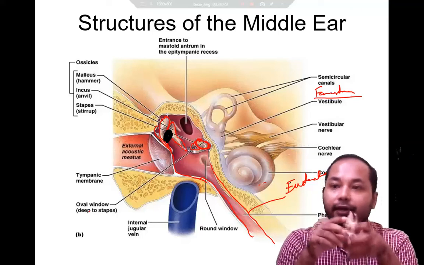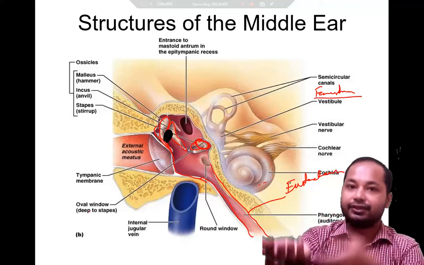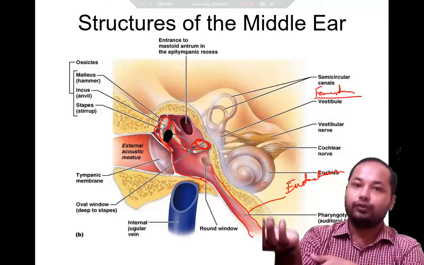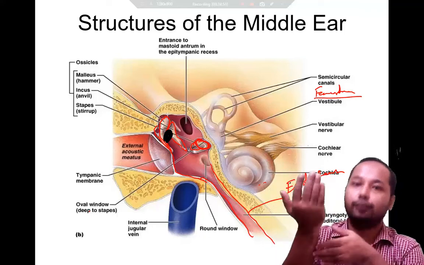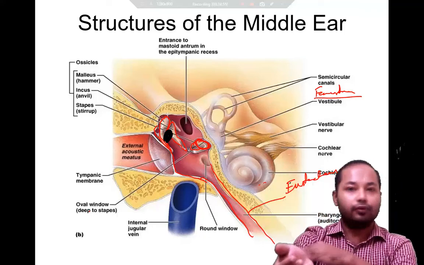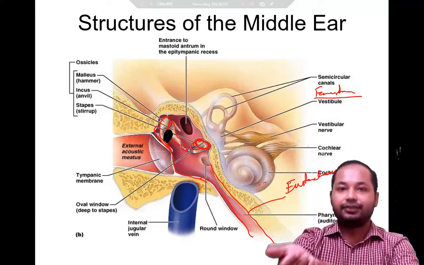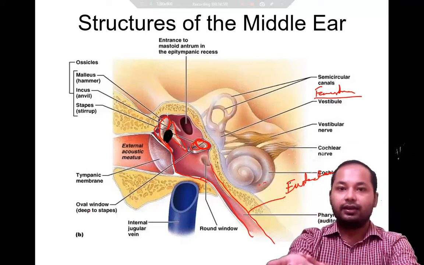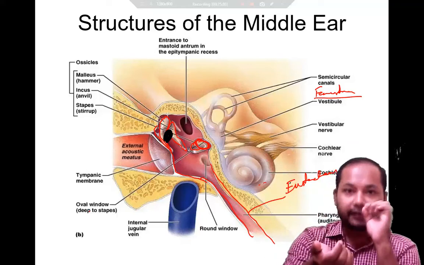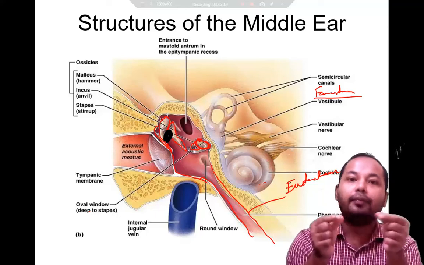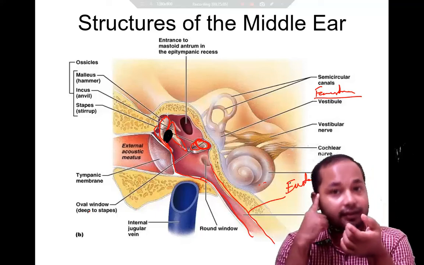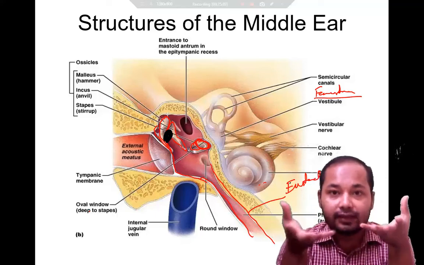In your class on bones, I told you that when you cut a long bone in a long section, you see compactness on the walls. That compactness is never followed in the skull bones because it will make the skull heavy.